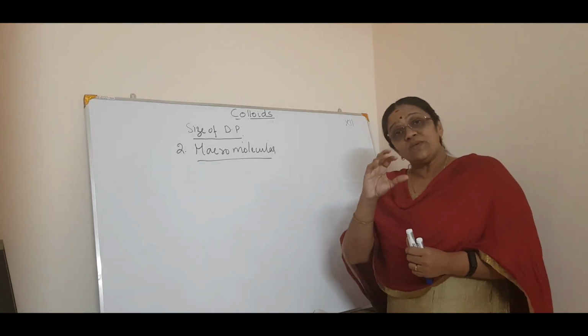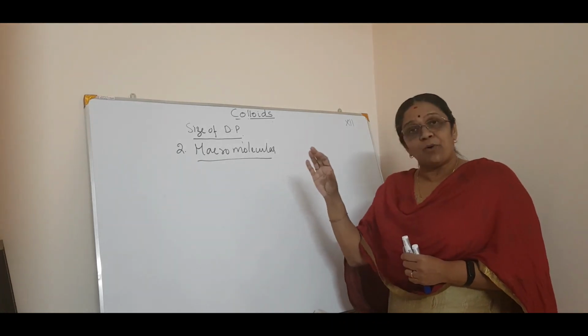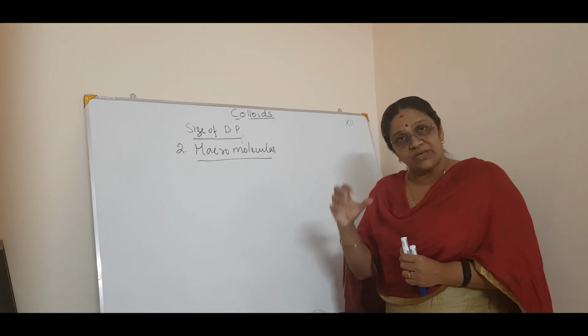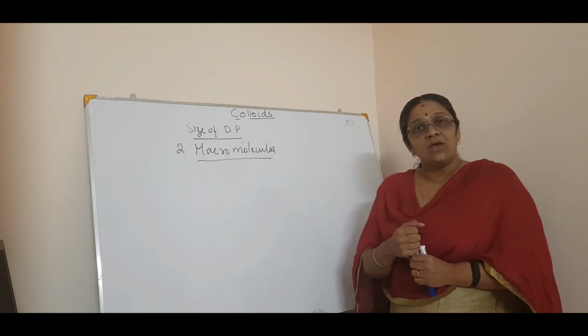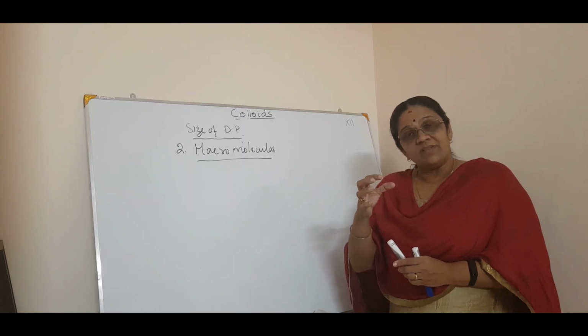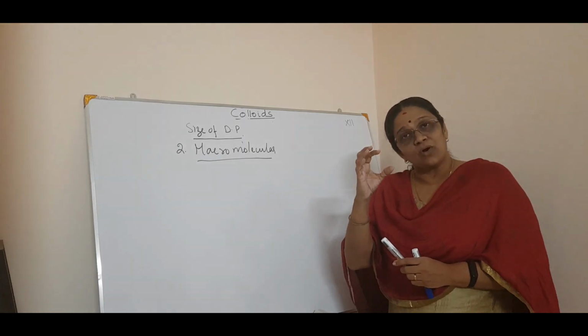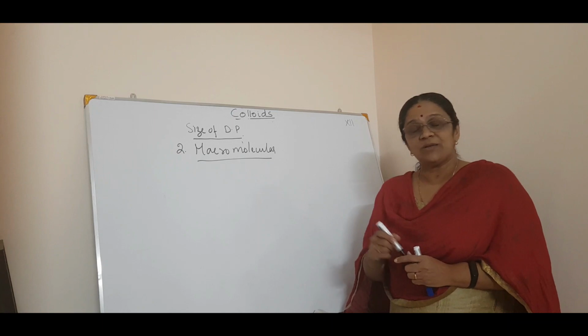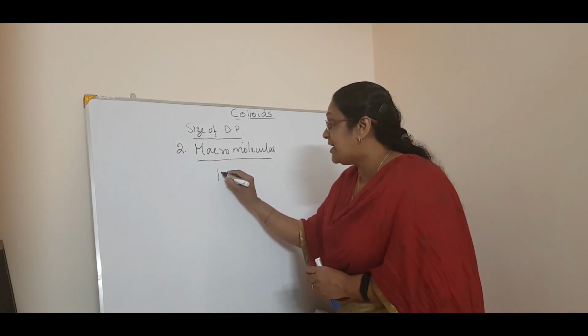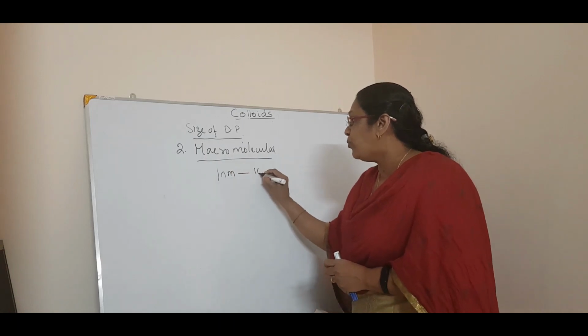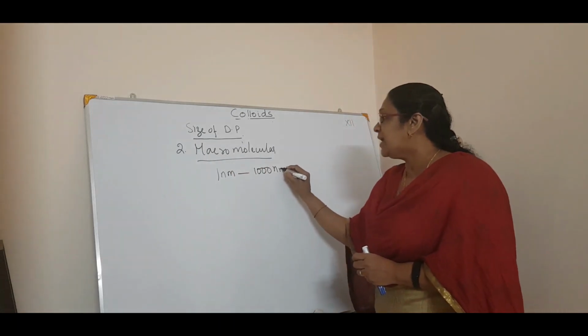Now you see these natural polymers, I mean the natural proteins or carbohydrates or cellulose or starch, will have the size of colloidal range. That means these macromolecules will have the size range between 1 nanometer and 1000 nanometer.